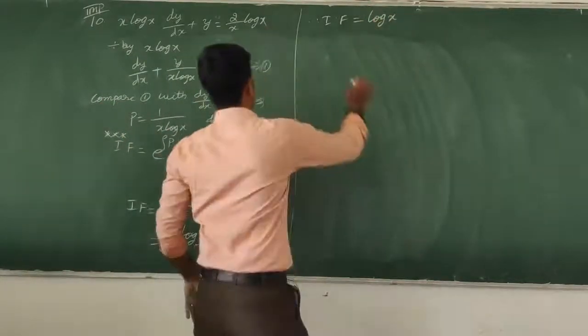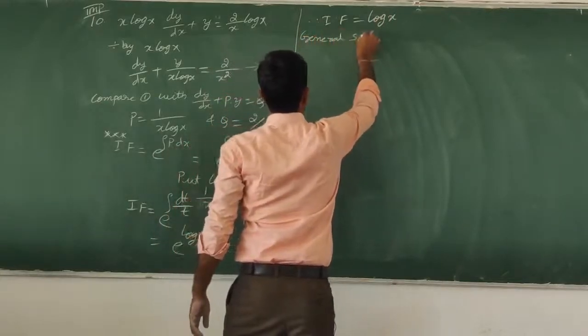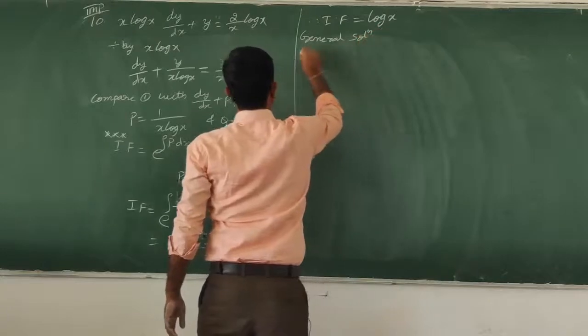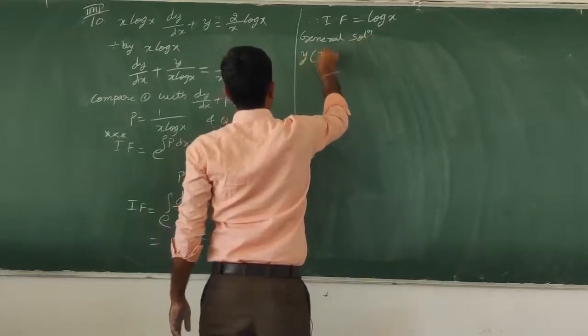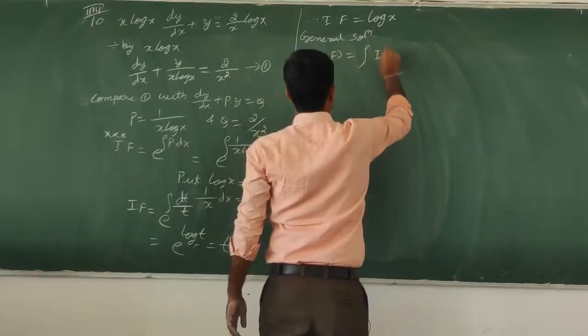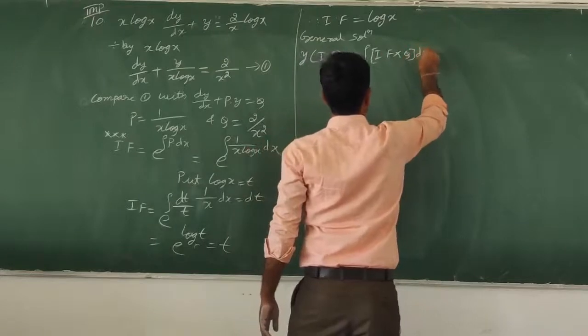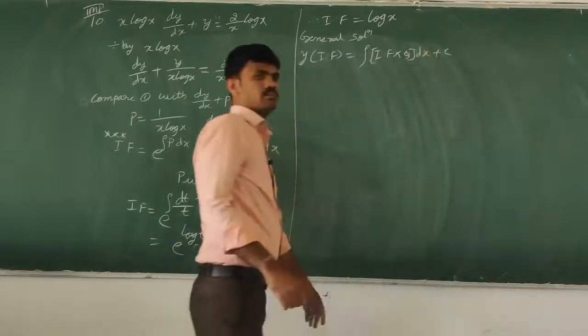Now we have to find the general solution. For that I have to use the formula: y into integration factor is equal to integration of integration factor into q whole dx plus c. We have to use this formula.